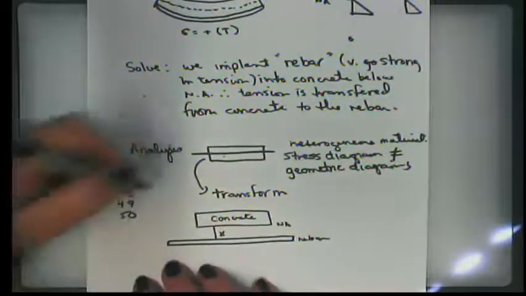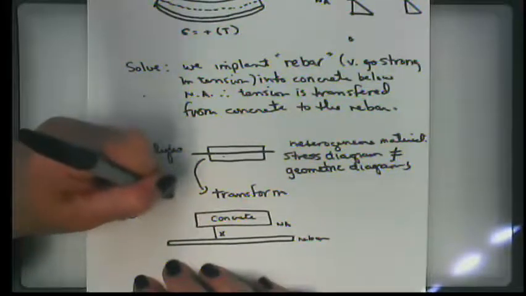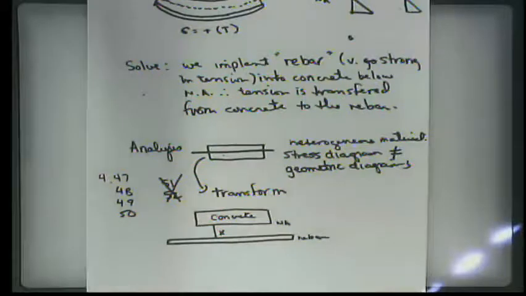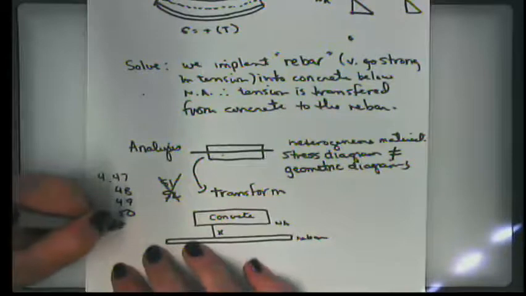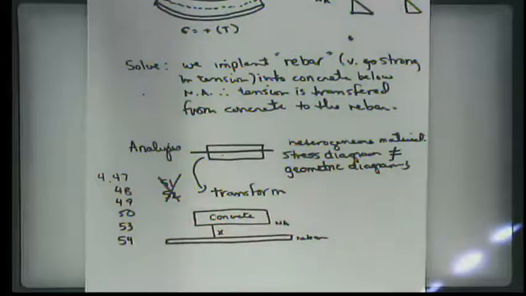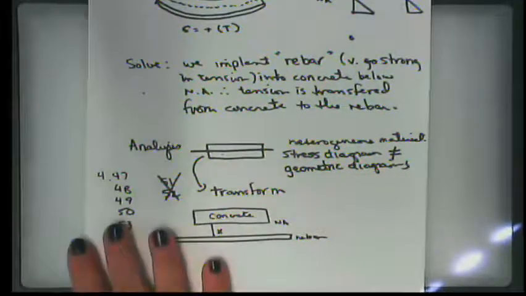I would not use 51 and 52 because they refer to a different geometry of the concrete. It's actually a T-topped slab, so we're not going to do that. And 53 and 54 also deal with this type of configuration. So I'm going to stay very specific to this type of problem.